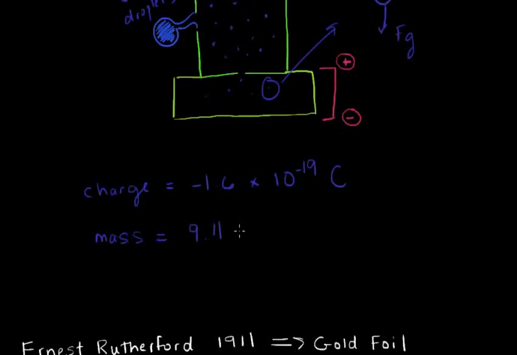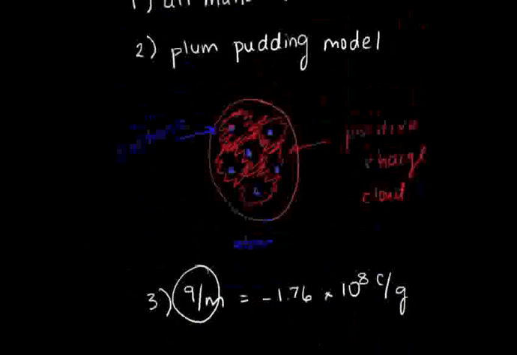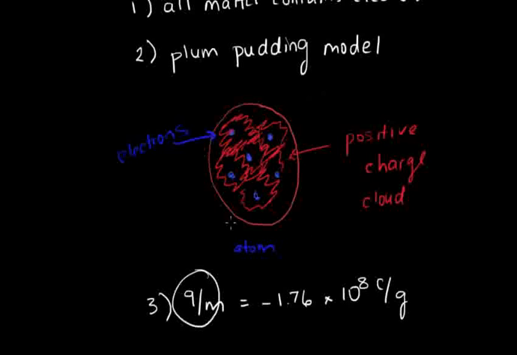As we've seen in previous videos, it's 9.11 times 10 to the negative 31 kilograms. And these numbers are extremely, extremely useful. We still use them today in all kinds of calculations. But we're still stuck with this plum pudding model, with Thompson's model of the atom.